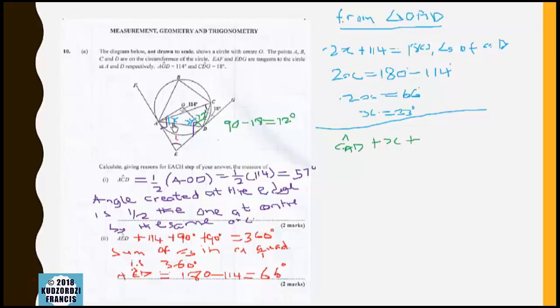So we need to calculate angle CAD, so that we can take it from 33 to get angle OAC.